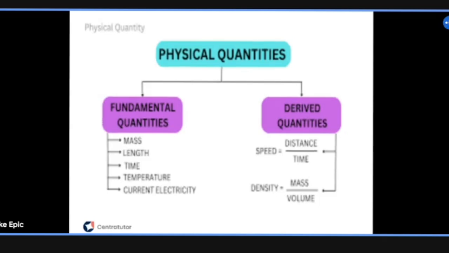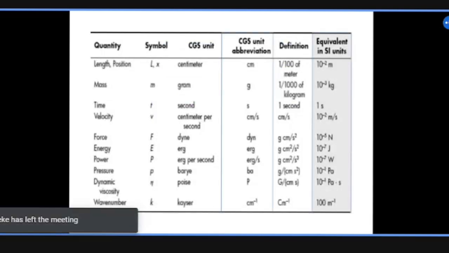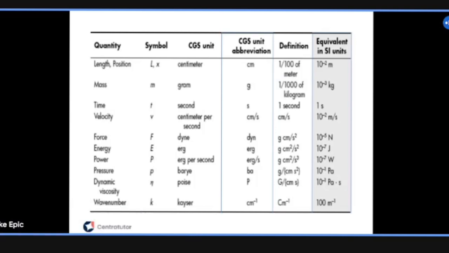While there are different systems of units, we focus more on the SI units when we come to physics. And this kind of unit measures length in meters, measures mass in kilogram, and also measures time in second. So usually the basic fundamental quantities that are always made reference to are mass, length, and time.